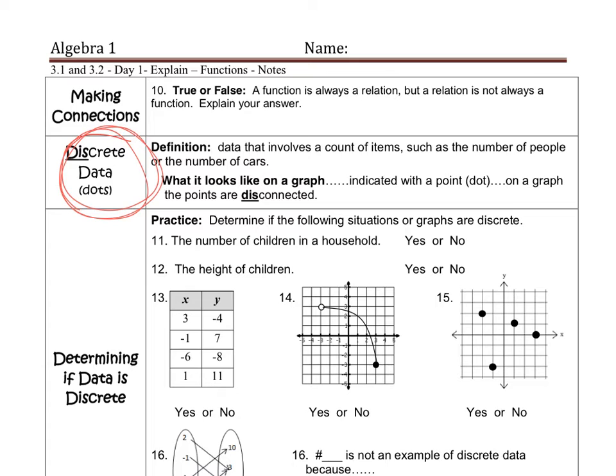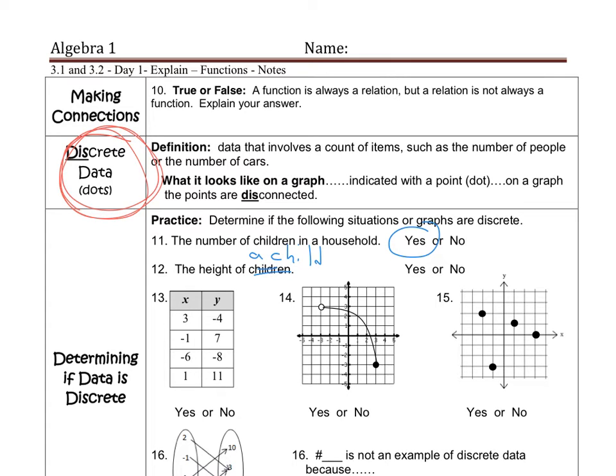So let's just look at this. Number of children in a household. Those are individual items that you count. So yes, that would be discrete data. Height of children. I'm going to change it to height of a child. Make this a little more clear. Height of a child. So talking about the height of a child, when a baby is born, they're maybe 19 inches tall.